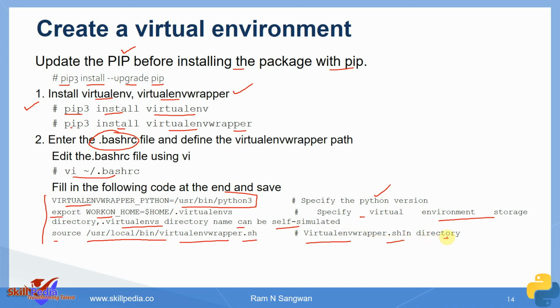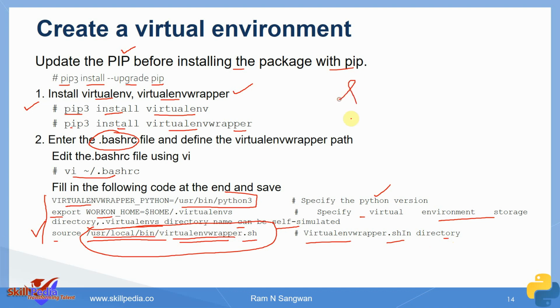If it is not there, then you can find out where it is. Generally it is located at this location, and sourcing it will set up the environment. It should be called every time you log in, and it will give you the commands to create a virtual environment. Remember, you have to find out where this file is, because it may be different from this directory.